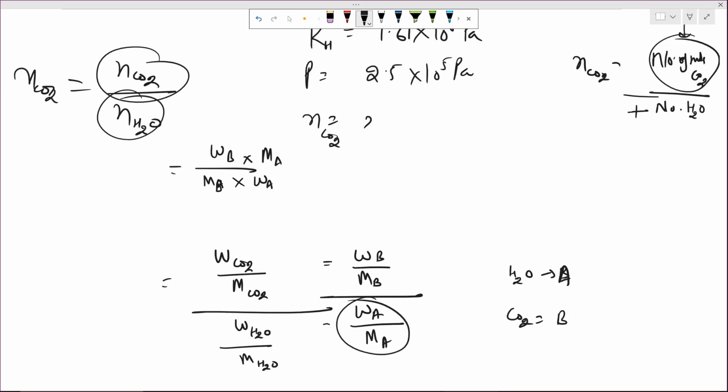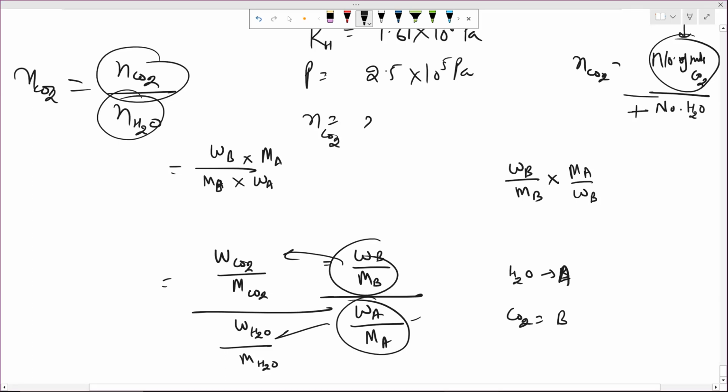This one for this value and this one for this value. So when this goes up, it will become WA MA upon WB. Got it?